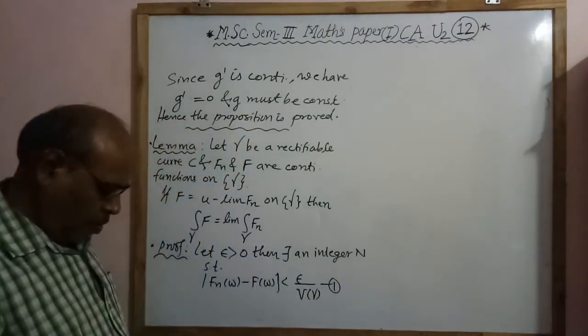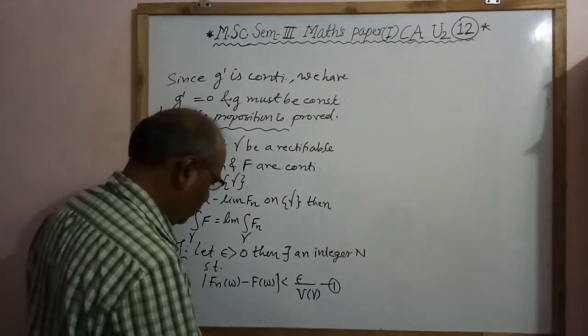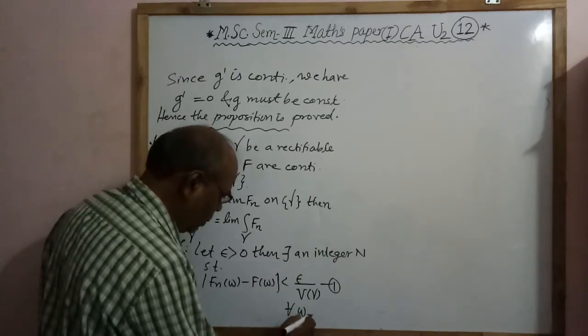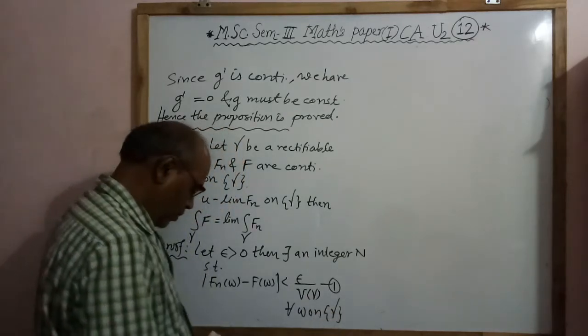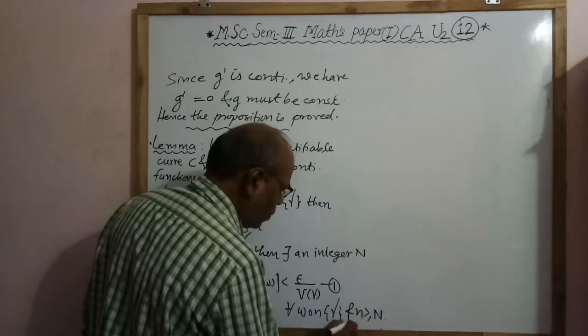It is for every w on gamma, and n is greater than or equal to N.